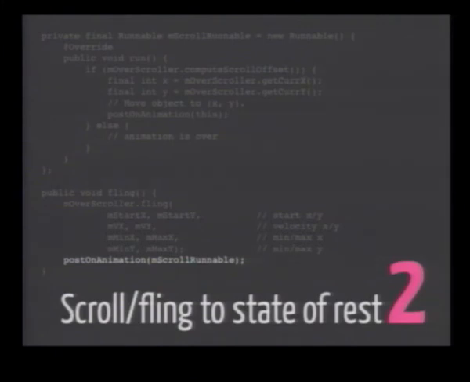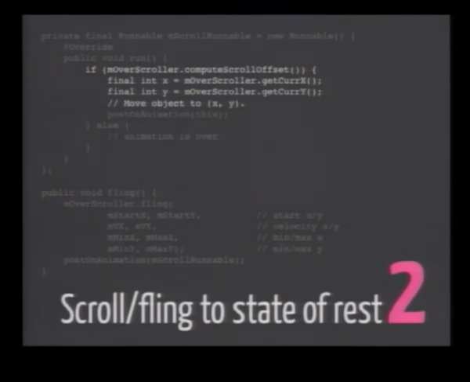Once you've done that, you can start looping over and over again to check the current state of the OverScroller, so to know if you have to continue the movement, or if you've reached the state of rest. And in order to do that, you can simply post an animation runnable. And this runnable, the one on top, consists of computing the scroll offset. If this method returns true, that means that you have to continue to move the object.